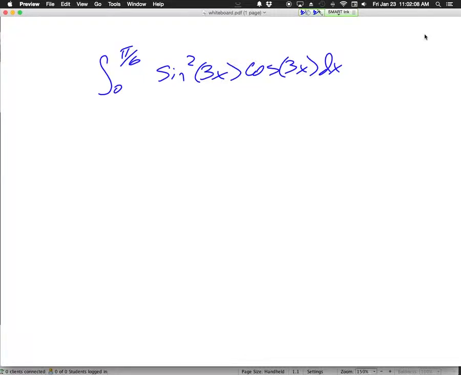So integral from 0 to pi over 6 of sine of 3x squared times cosine of 3x dx. What do you think? What's the outside and what's the inside? Outside is sine. Outside is the square.